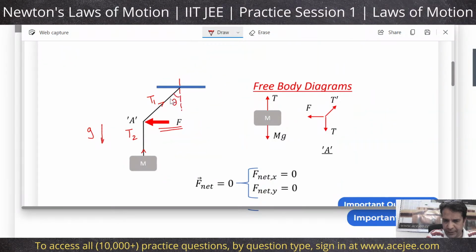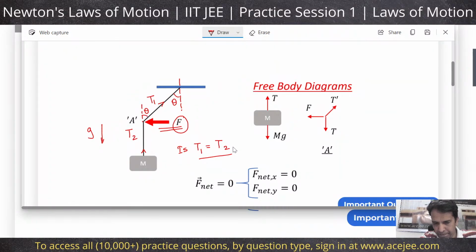Let's say it makes an angle theta here. The question is, if the applied force F is horizontal, then is T1 equal to T2? No, sir. No, it's not equal.